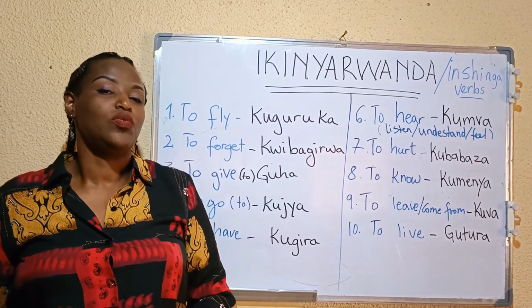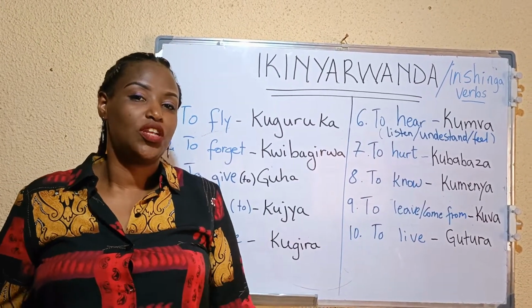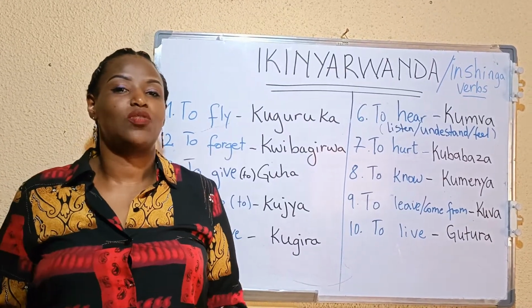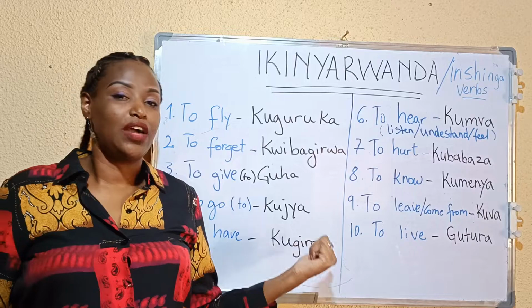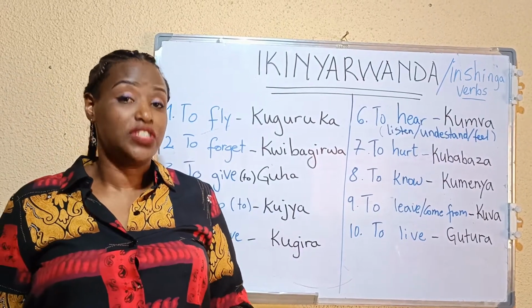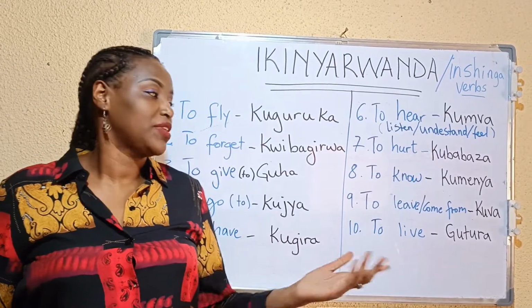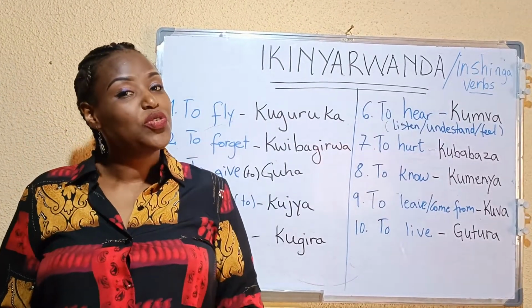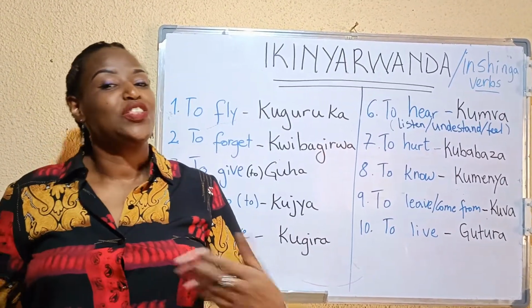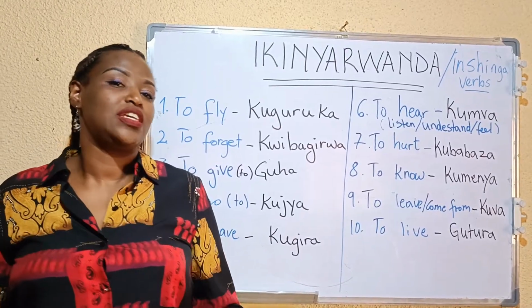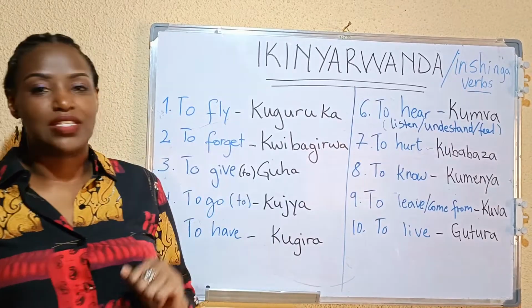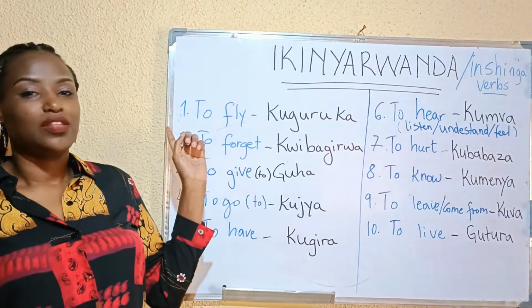As you know, we have started a journey of learning 100 useful verbs in Kinyarwanda. And we have already done 50 verbs. So today I'm giving you another list of 10 verbs. I hope you're doing well and using those verbs in your everyday conversation. Let's start.